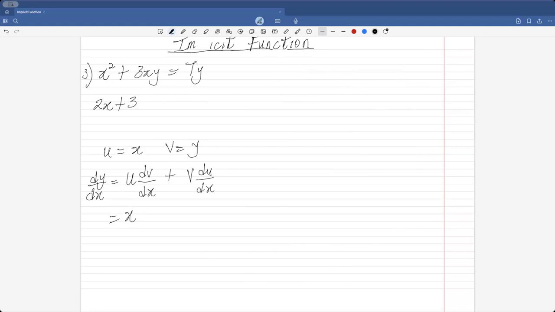It's not dv/dx actually, it's dv/dy. So we have dv/dy is equal to dy/dx. The differentiation of y when we are talking about an implicit function again is nothing but dy/dx.